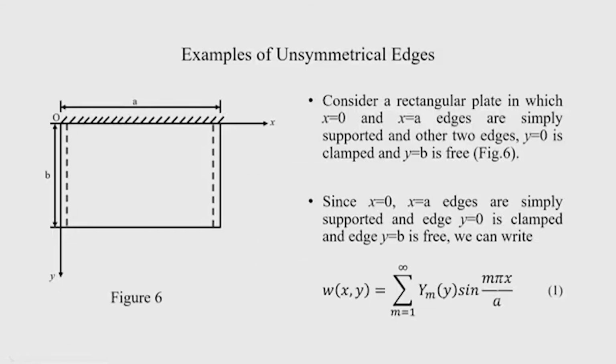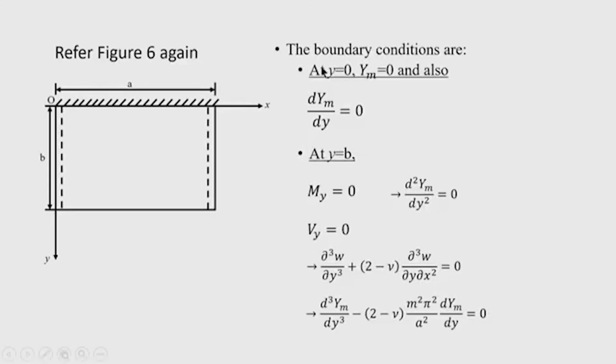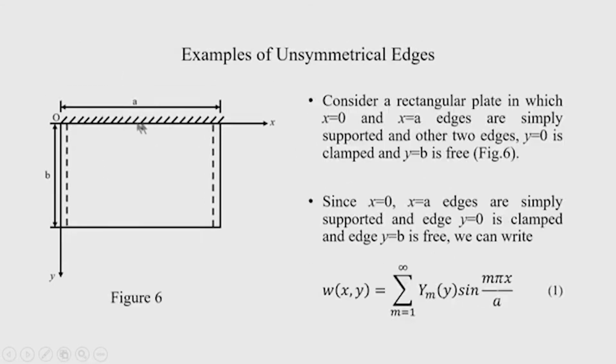Now, examples of unsymmetrical edges. For unsymmetrical edges, we know that the boundary conditions will be different. Say in this figure we have shown that at y is equal to 0 the edge is fixed, and at y is equal to b the edge is free.